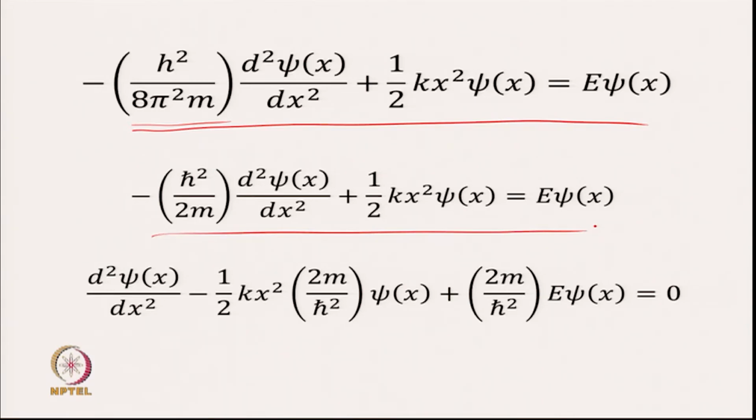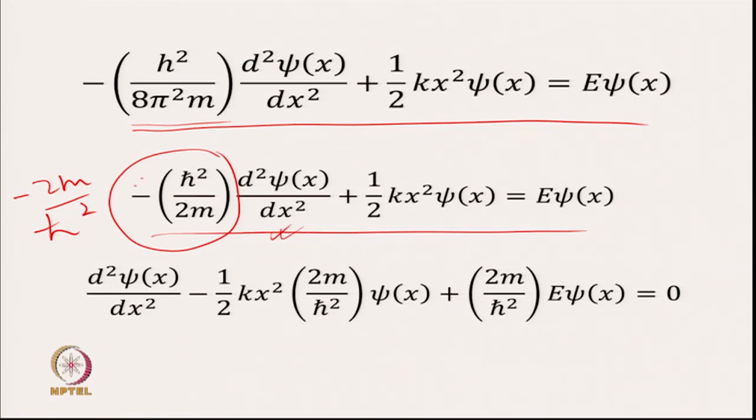And now, we want to remove this coefficient from the double differential. The way we can do it is simply to multiply this by minus 2m by h bar square.